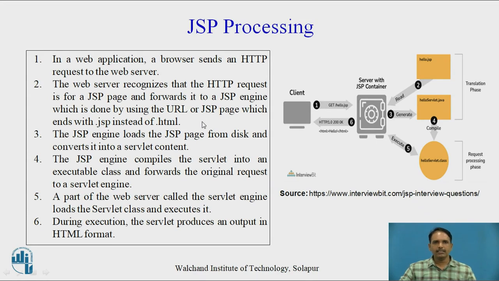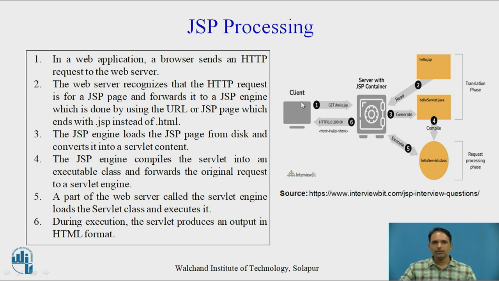Now how exactly do these Java server pages get processed? It is a 6-step procedure where in step 1, the client makes a request. So in a web application, a browser sends an HTTP request to the web server.